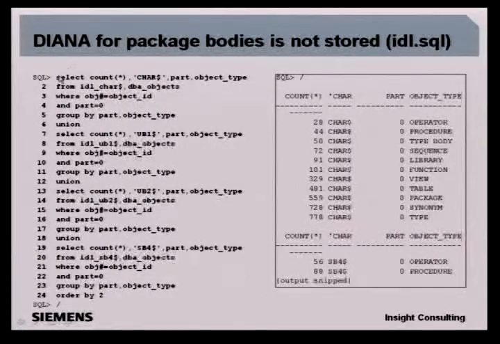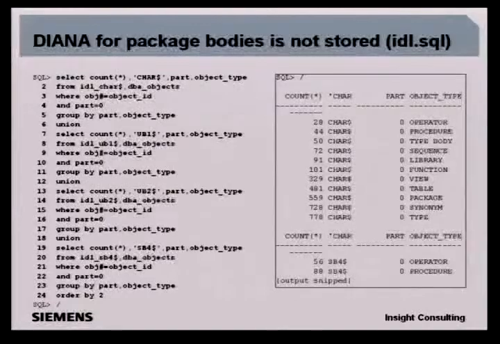One thing to look into to see the usefulness of this is that what we needed to do was check these IDL tables to see if these tables always store Diana, because we now know that Diana is wrapped PL/SQL source code. Is the Diana stored for every piece of PL/SQL in the database? Unfortunately, it's not.